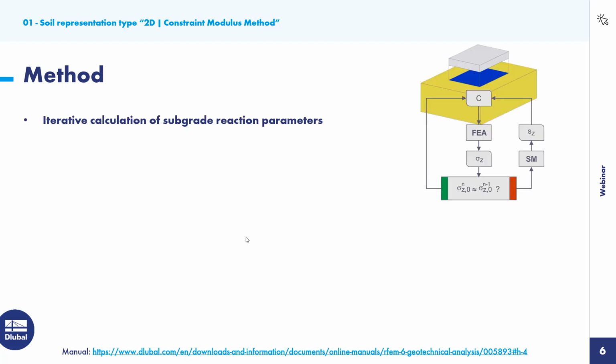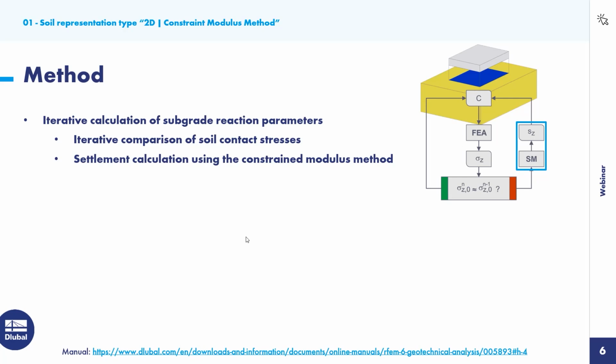Now I will describe the method. The constraint modulus method implemented here uses an iterative calculation of the subgrade reaction parameters by iterative comparison of the soil contact stresses. If the contact stresses from the former iteration and the actual iteration are equal, the settlement calculation is done using the constraint modulus method and gives back spring stiffnesses as elastic support coefficients.